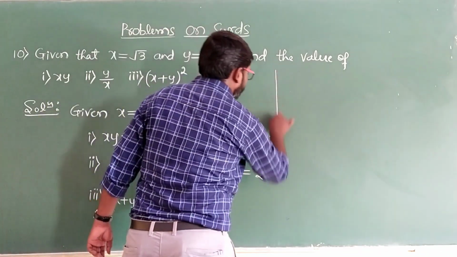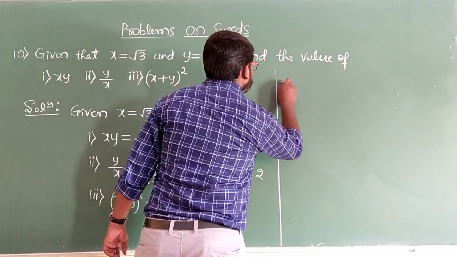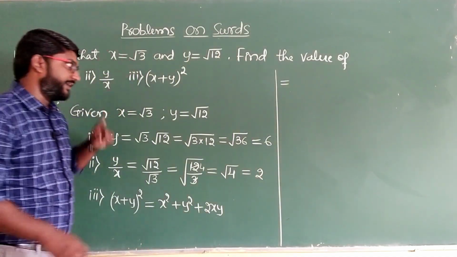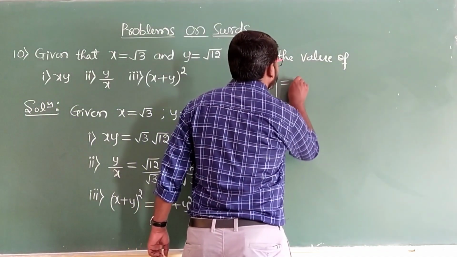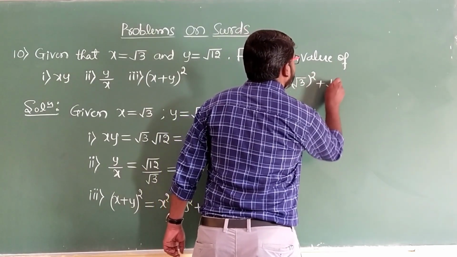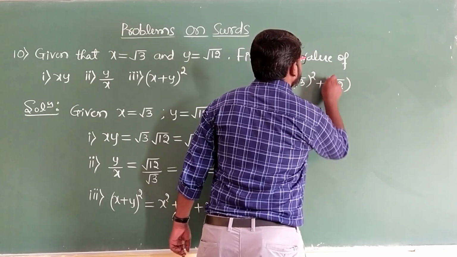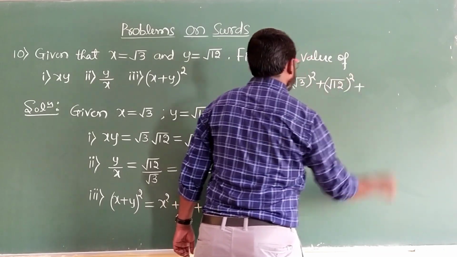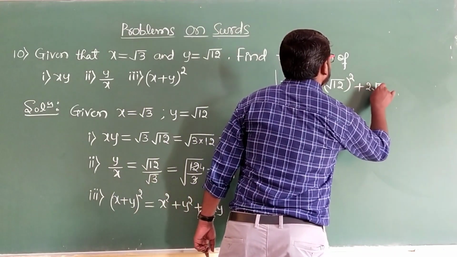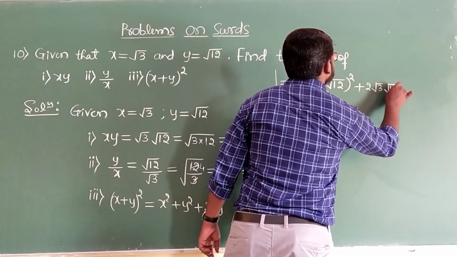So what is x now? It is root 3. We get root 3 the whole square plus root 12 the whole square plus 2 times xy, 2 times root 3 into root 12.